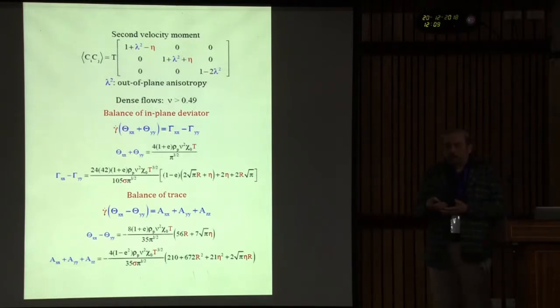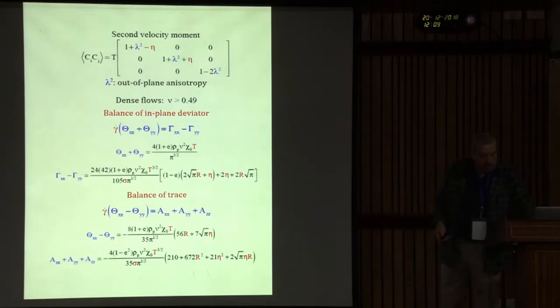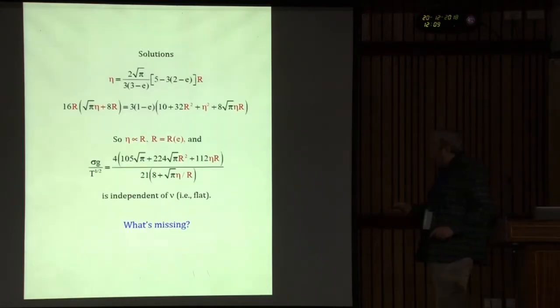Okay, so now I want to indicate that these balance equations are satisfied by R and eta in a way that gives the dimensionless fluidity as a constant. So I'm explaining that plateau in their data.